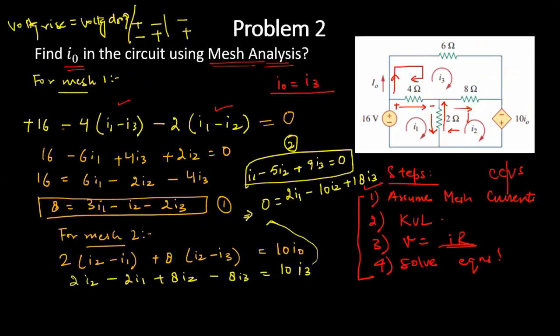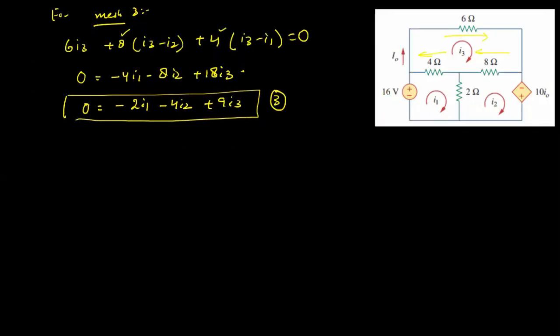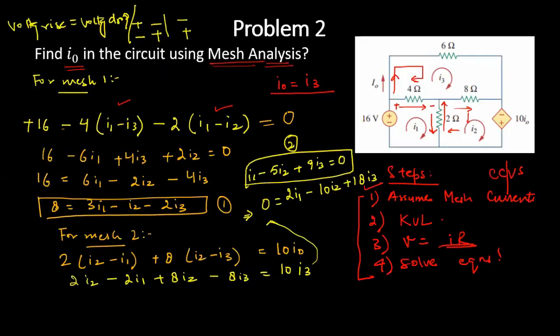Now see, we have equation 1, equation 2, and this is equation number 3. Now if you solve equations 1, 2 and 3, you should be able to get the answer. If you want me to solve it, then I can solve it with Cramer's rule.